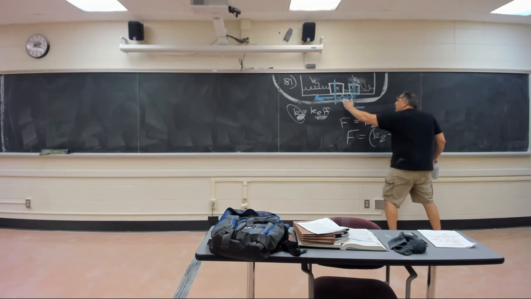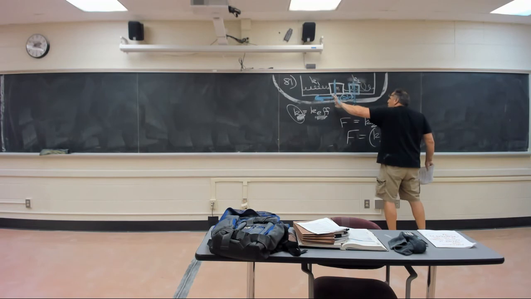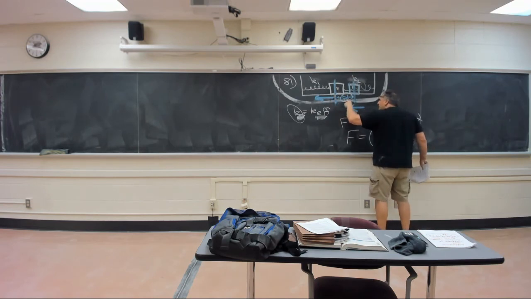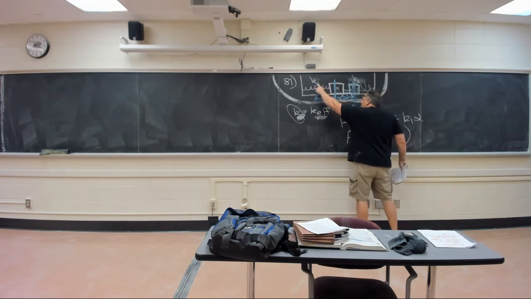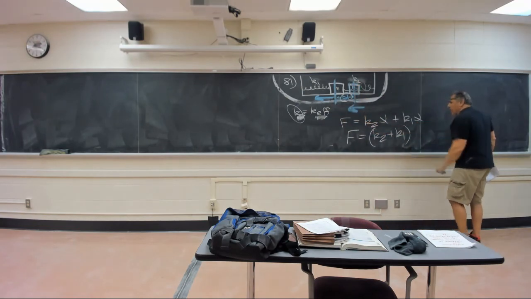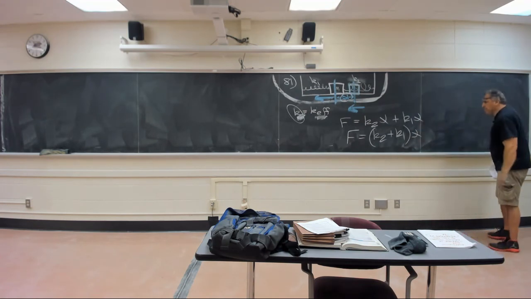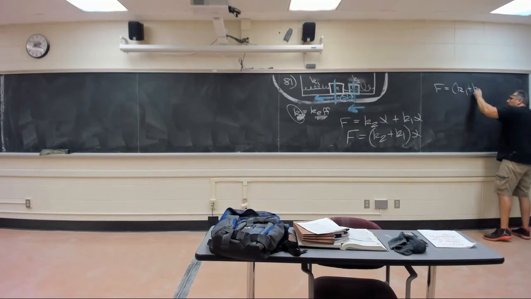If you compress K2 X amount, K2X is the amount of pushback you get. While you've compressed it X amount, you've stretched this guy X amount. The K1 spring is going to pull you K1 X amount to the left. The K2 spring is going to push you also to the left with K2 X amount. That's what I wrote here. F equals K1 plus K2 times X.